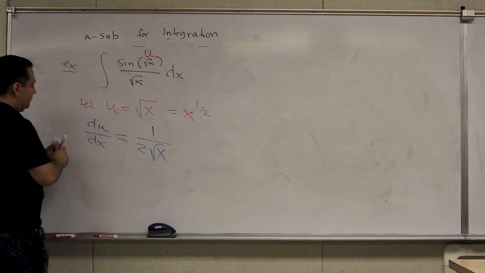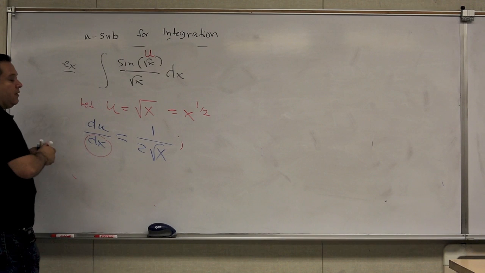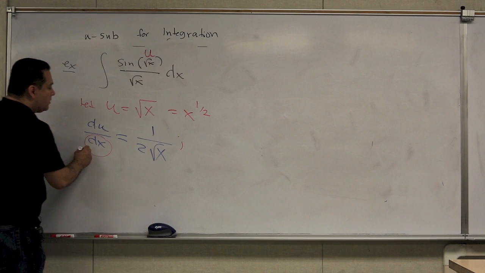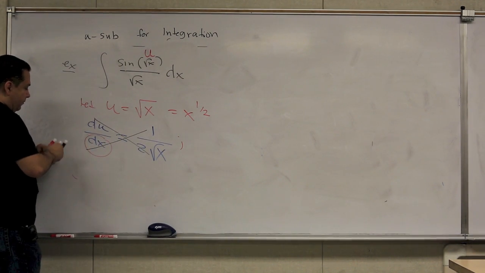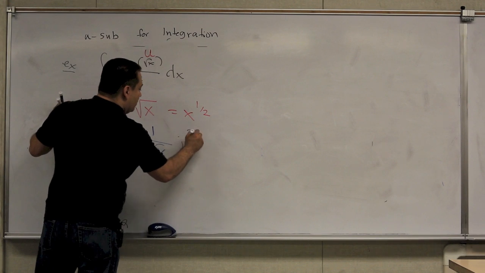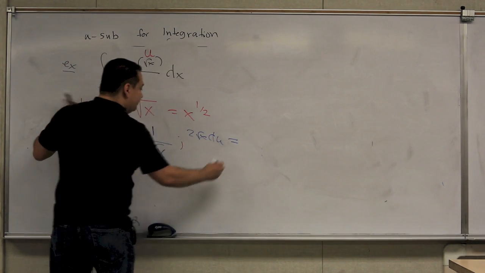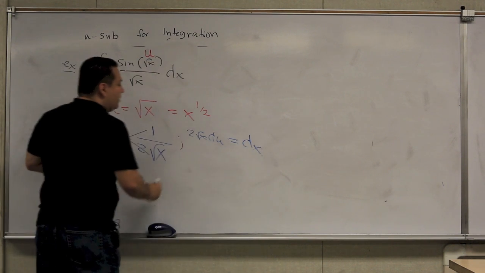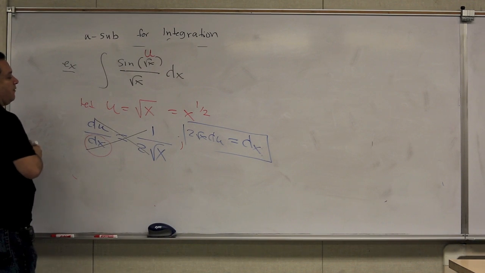We're going to solve for dx. How do you guys solve for dx? Anybody know how you solve for dx? I would make a recommendation. Cross multiply maybe. Doesn't that give you 2 square root of x du? Isn't that equal to what? Oh, that equals dx. Wow, we solved for dx, didn't we? We're going to use these 2 pieces of information.